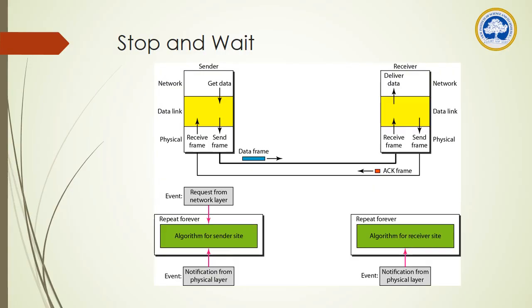After receiving the frame, the receiver will send an acknowledgement frame back to the sender. Once the acknowledgement frame is received at the sender side, only then the sender understands that the receiver is ready to accept the next frame. After that, the sender will send the next frame in the queue. So this is how the stop and wait protocol works.